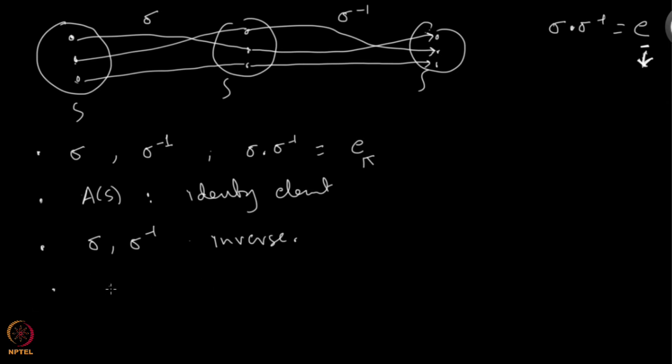And of course, you know that this composition rule is associative. If you start with sigma 1 and do a composition of this with sigma 2 dot sigma 3, this is the same as sigma 1 dot sigma 2, this composition followed by sigma 3. So, that is the associative property.